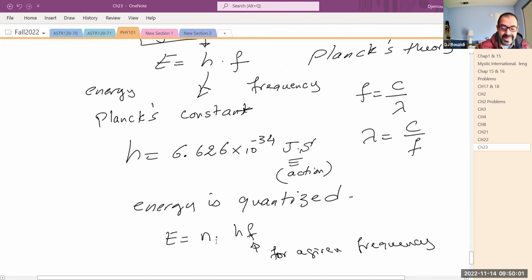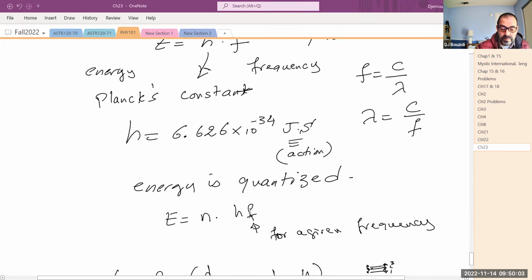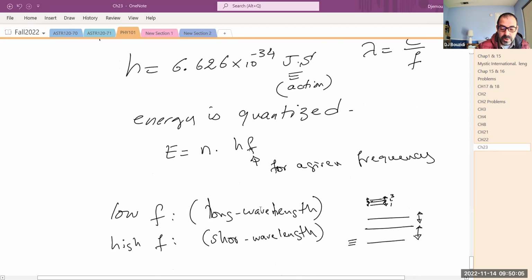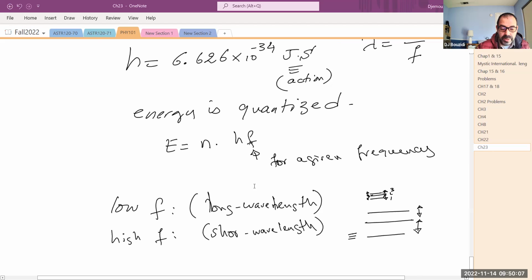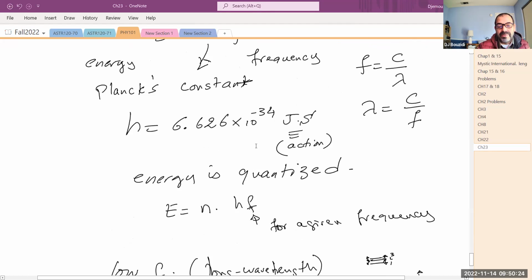High frequency means high energy, because E and f are proportional to each other. So high frequency will have theoretically more energy, but there are fewer of them contributing, versus low frequency, where there are more of them. Yes, there is less energy per mode, but there are a lot of them.